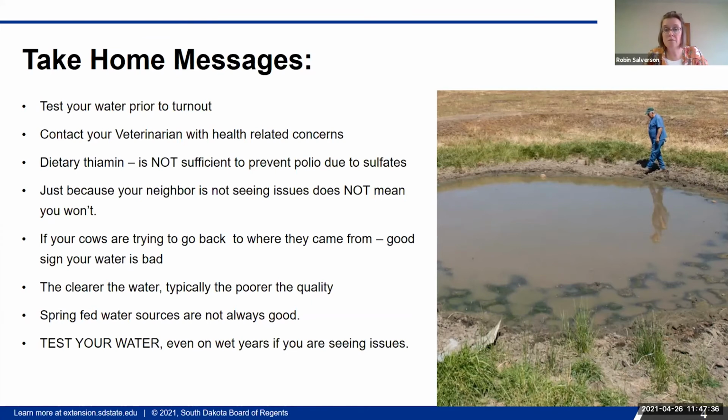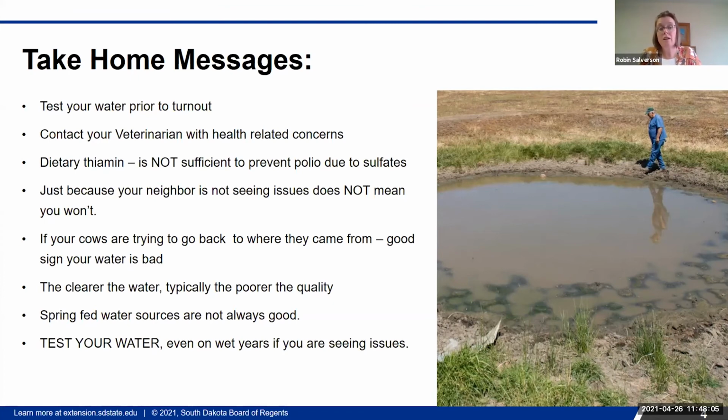So that's another option. We did do some research. A lot of people, the very first question is what can we do so that we can utilize those pastures and still stay in there even though it's poor quality water. We did do some research here at SDSU down at the Cottonwood Research Station, actually several years ago. And we were feeding dietary thiamine, because that is one thing that we use for a treatment plan when an animal gets polio.